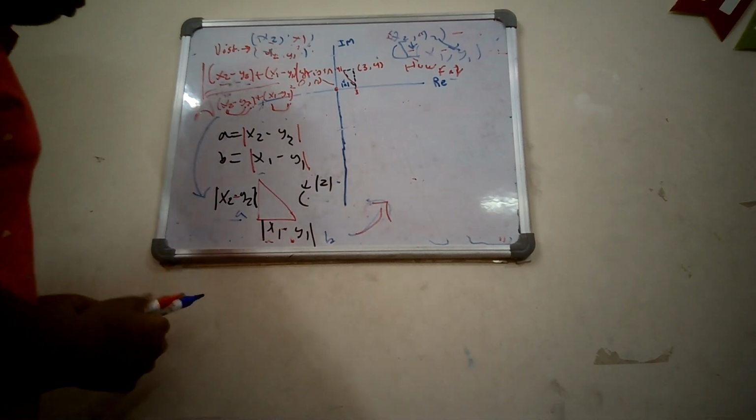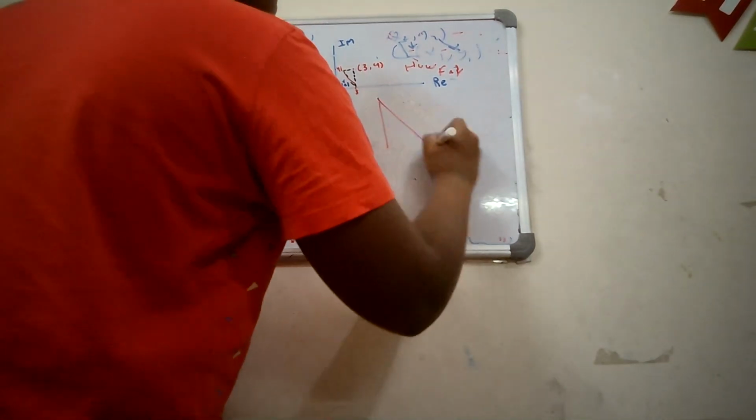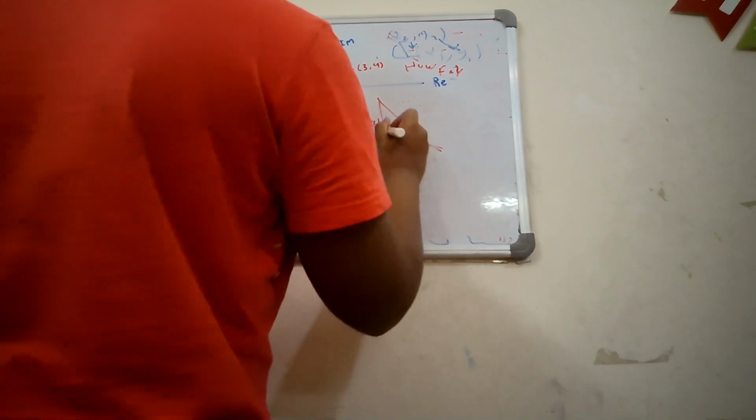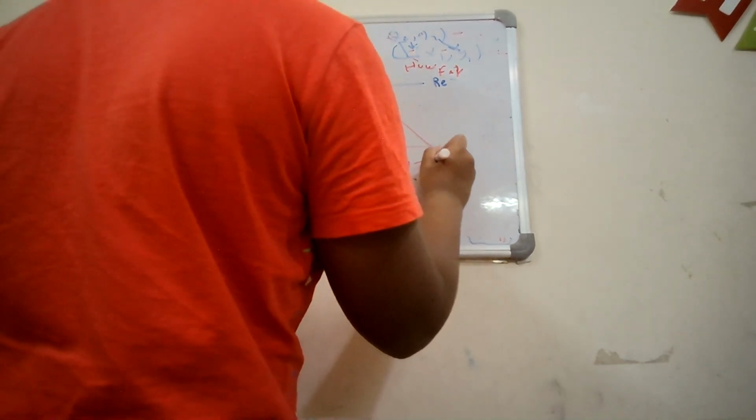So now coming back to the triangle we had earlier, this one. This is x2 minus y2, and this is x1 minus y1.